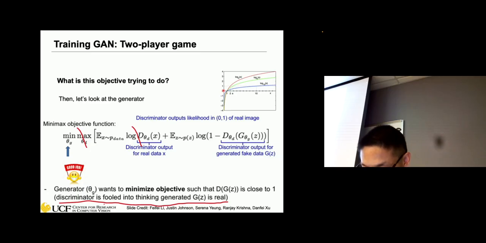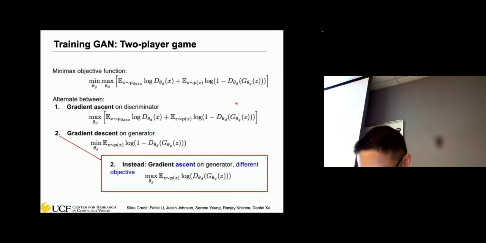You understand the objective: if this is 1, then 1 minus 1 is 0, and log 0 is close to negative infinity, so we're trying to minimize that. To your question of why this is ascent: we removed the minus sign, so we have to flip the direction, whatever it is.